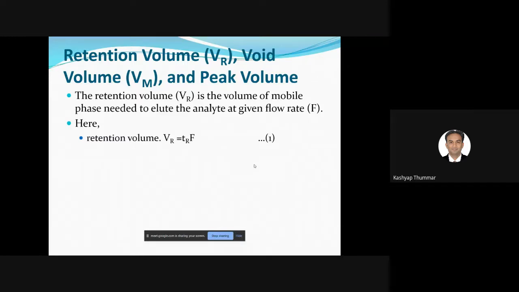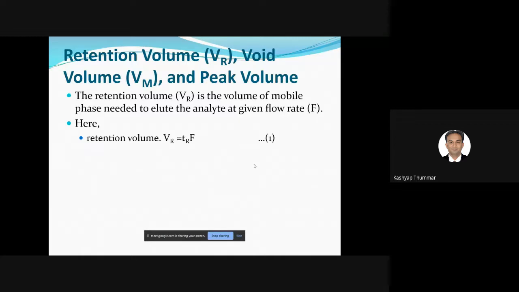Suppose my retention time of the peak is 7 minutes, and I am using the mobile phase at a flow rate of 1 ml per minute. Retention time is 7. So what is my retention volume?